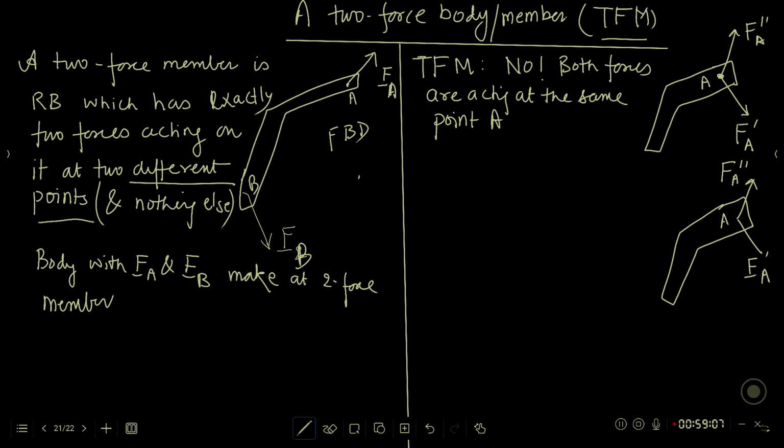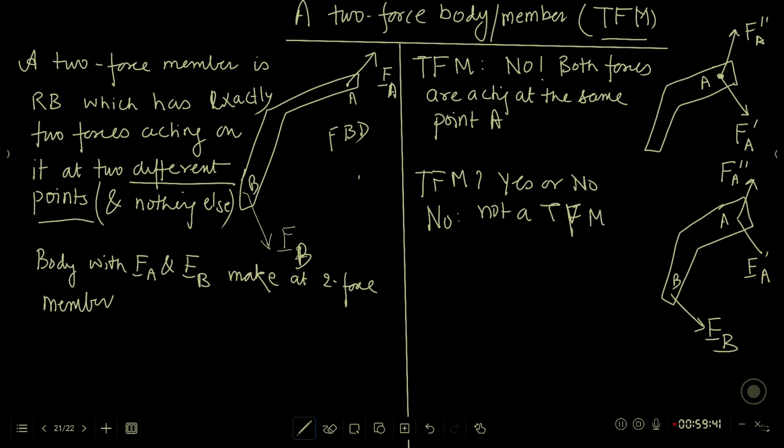Should we call this a two-force member, TFM, yes or no? The answer is no. Not a two-force member, not a TFM with FA, FA double prime and FB. Not with these three forces.